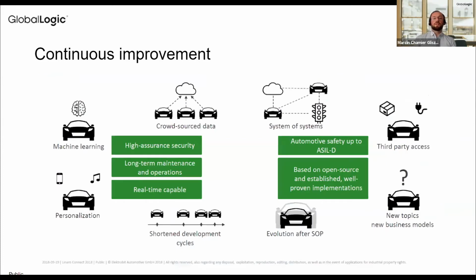Here, what is important is that continuous improvement right now is integrated into the car manufacturer. So we have now shorter development cycles. Every new car comes much earlier to the market. We have to develop software much faster.